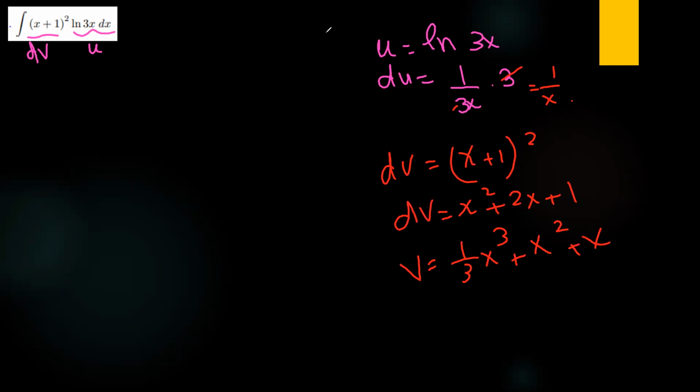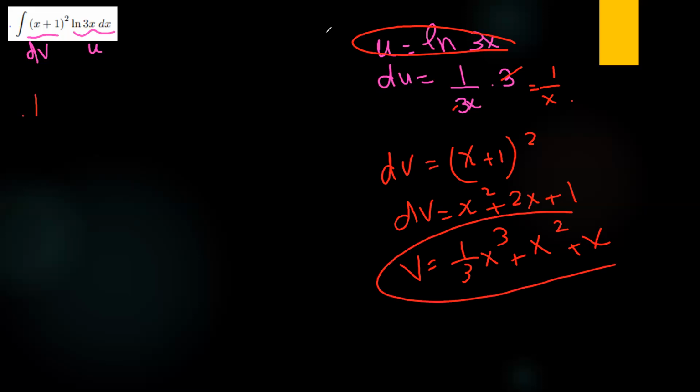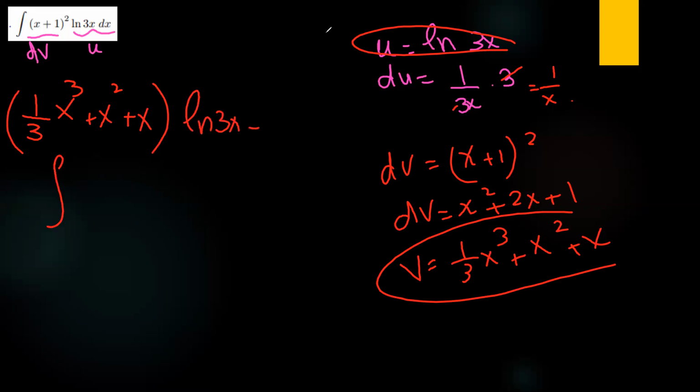And then we say that it is u times v minus the integration of v times du, which is 1 over x.